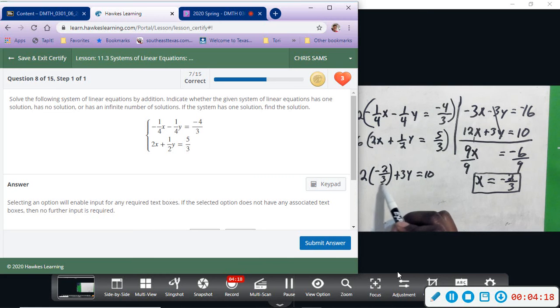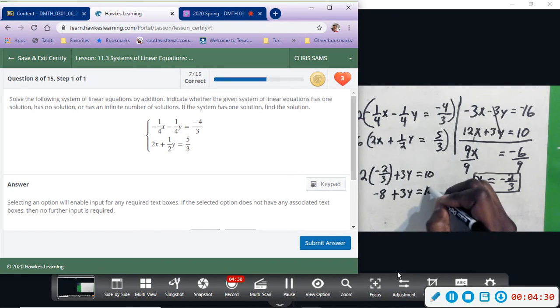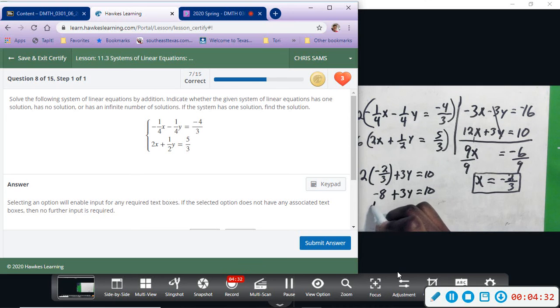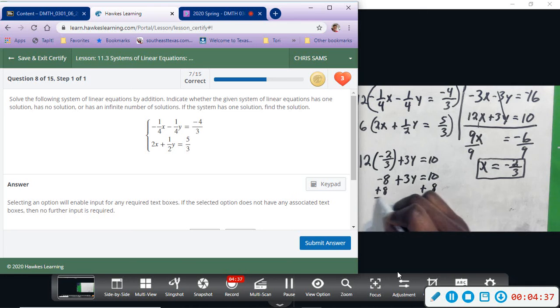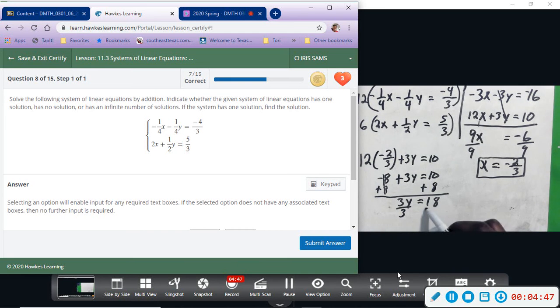So 12 divided by 3 is 4. And then 4 times negative 2 is negative 8. Plus 3y equals 10. Alright, so we're going to add 8 to both sides. Bring down the 3y. And this equals 18. And then divide by 3, and you get y equals 6.